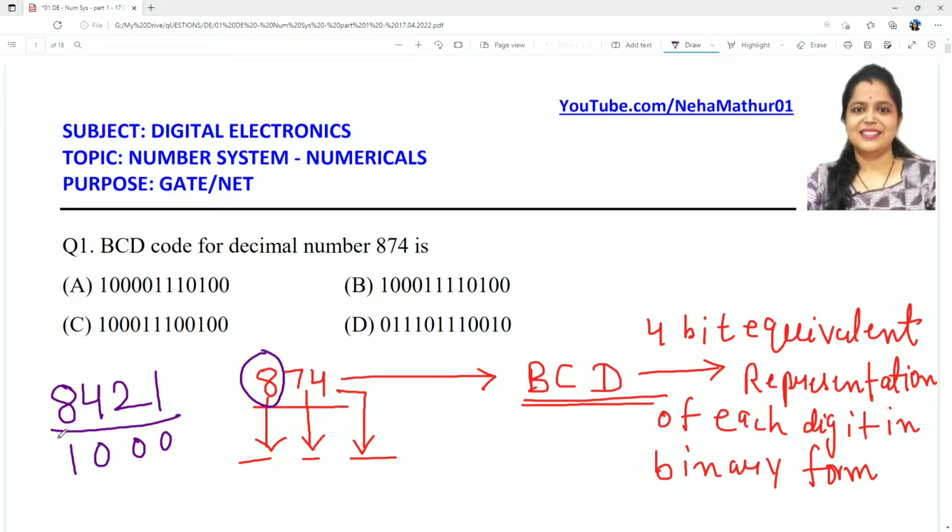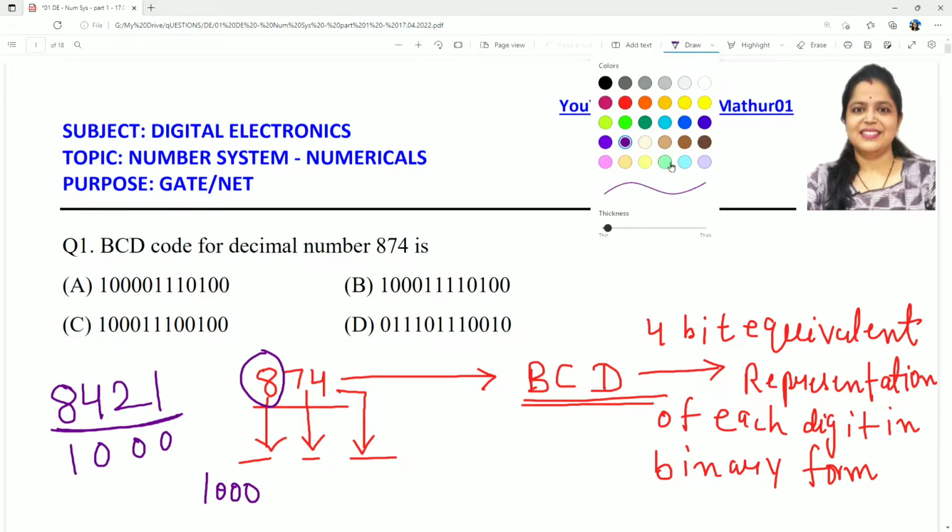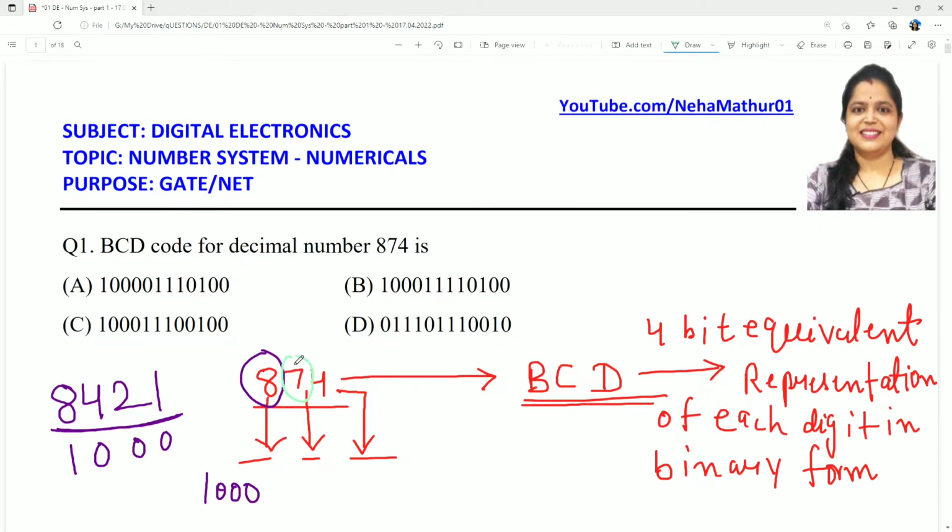With the help of that coding, I am able to find the 4-bit representation for 8, which is 1000. Similarly, for the 4-bit representation of 7, again take help from this code, and for 7 your representation will be 0111, that is 4 plus 2 plus 1, which will be 7.